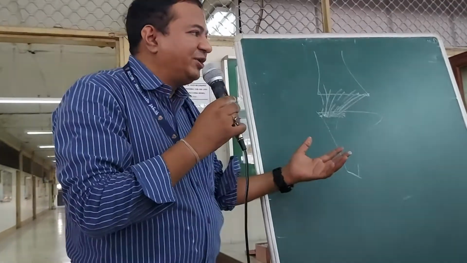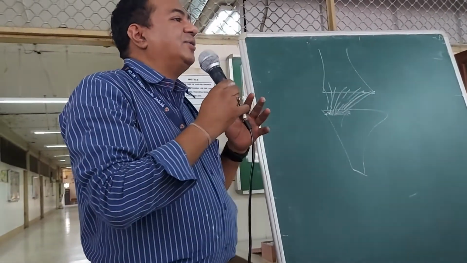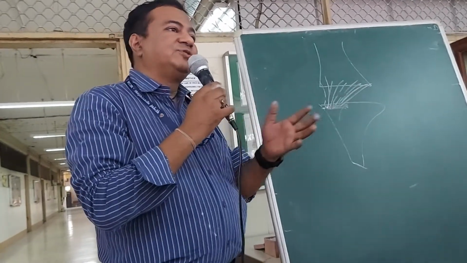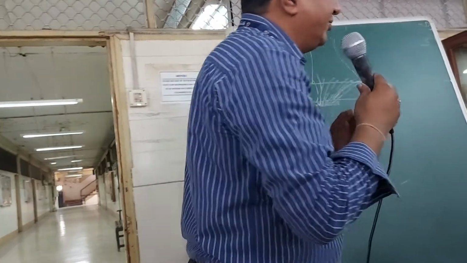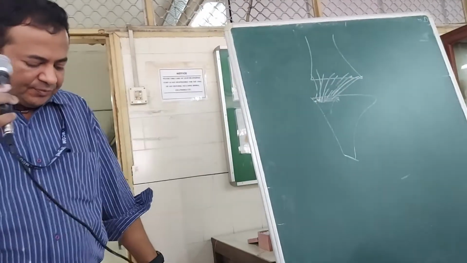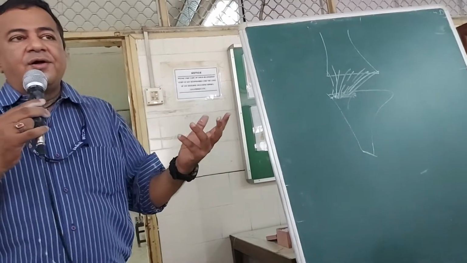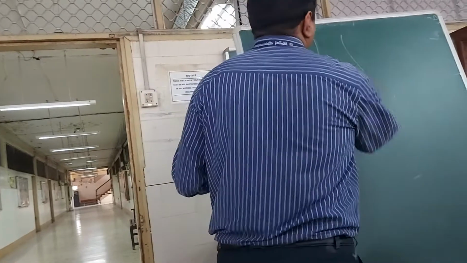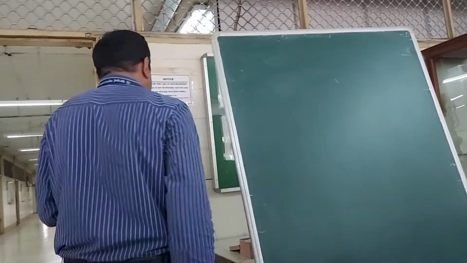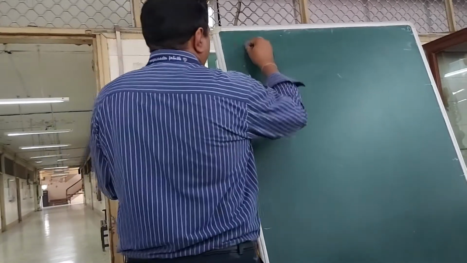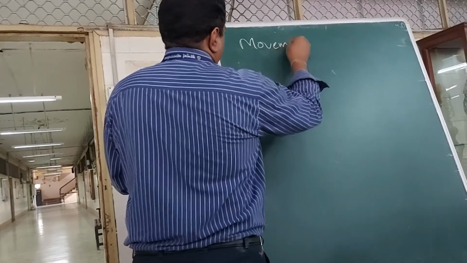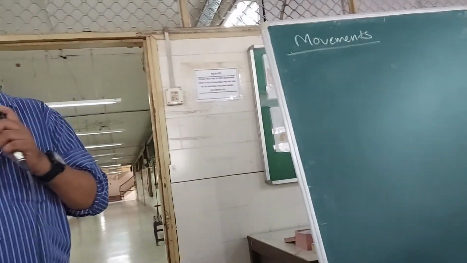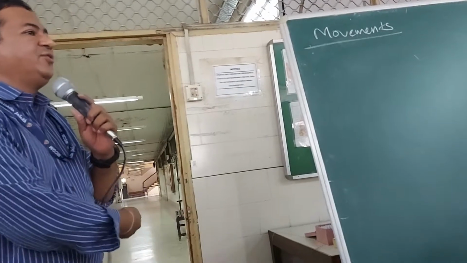You know the nerve supply of the knee joint: the femoral nerve via the nerve to vastus medialis, the posterior division of the obturator nerve, and the tibial nerve also. Blood supply of the knee joint will be by the genicular arteries.